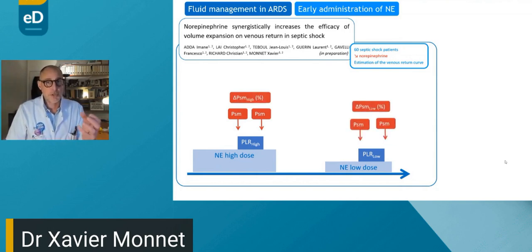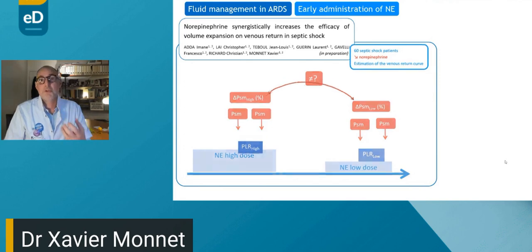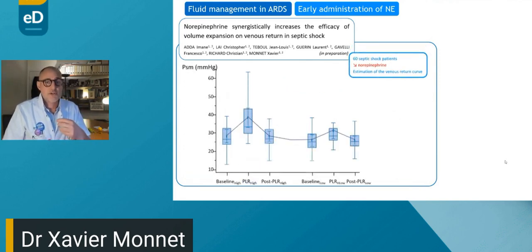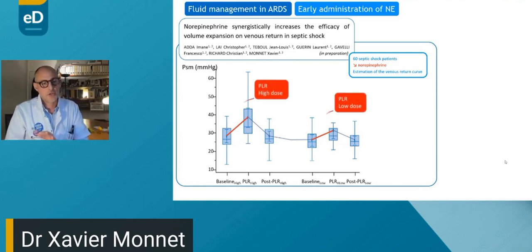And we wanted to know whether at a higher dose of norepinephrine, the effect of passive leg raising on mean systemic filling pressure would be higher. And it was actually the case at the highest level of norepinephrine. Passive leg raising, mimicking fluid administration, increased the mean systemic filling pressure more than at a lower dose of norepinephrine.